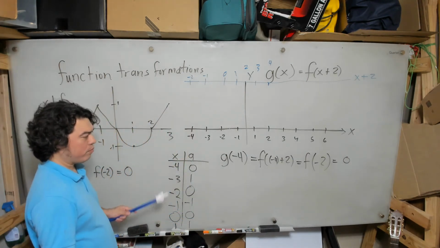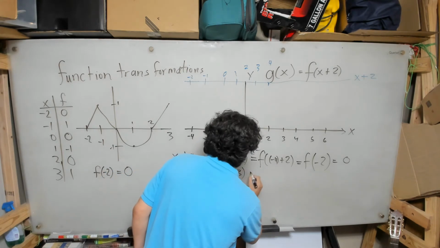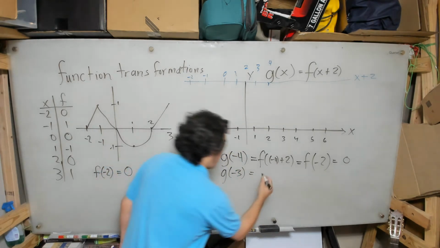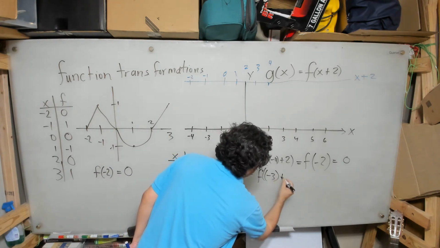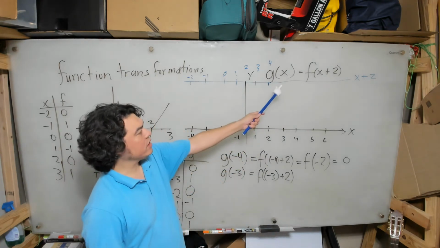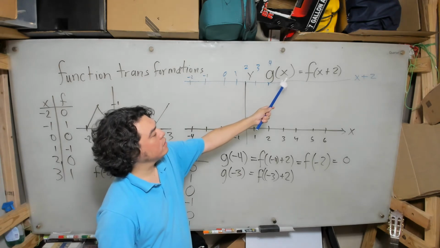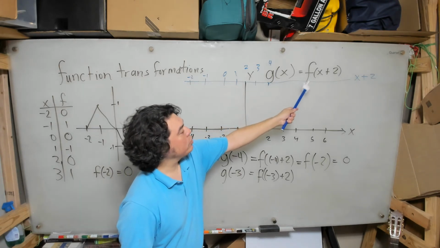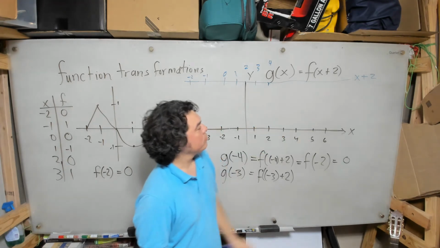What about this one? By the same reasoning, g of negative 3 is equal to f of negative 3 plus 2. Why is that true? Because my function that has name g and takes an input x outputs the function f evaluated at that input x plus 2.